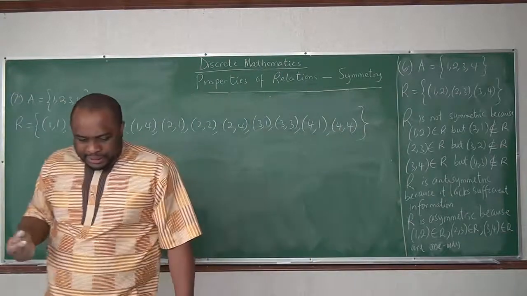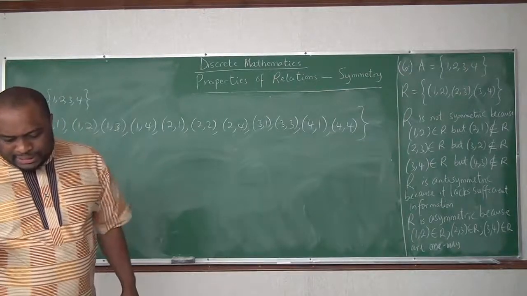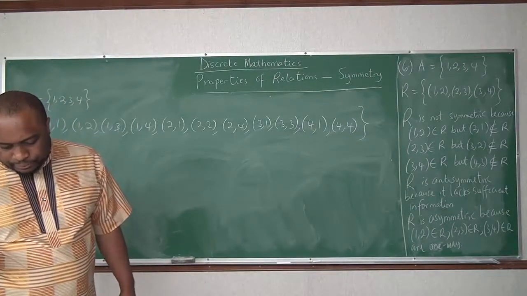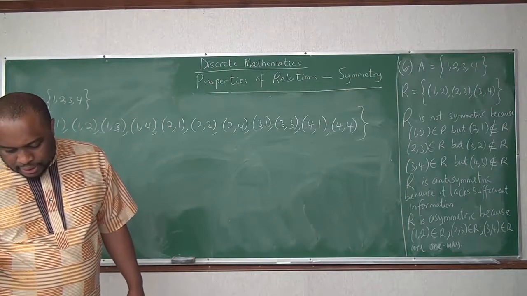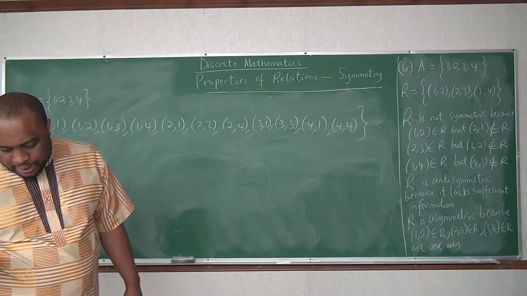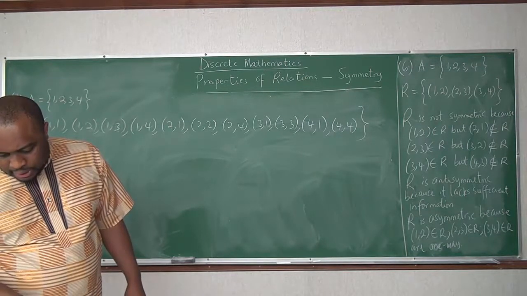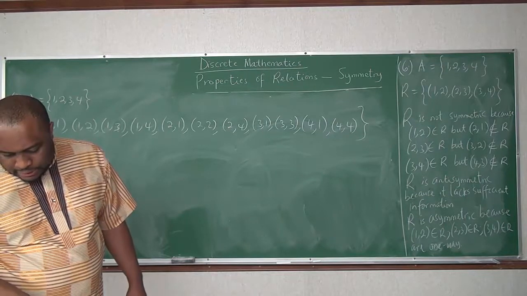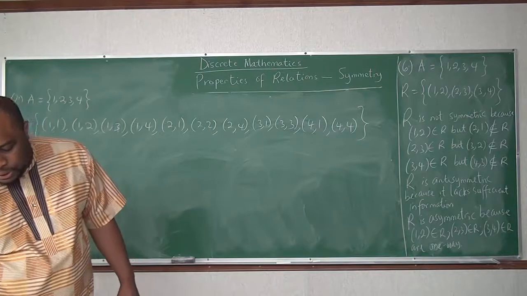It says determine whether the relation is symmetric, asymmetric, or antisymmetric, and explain why it is so for each property.